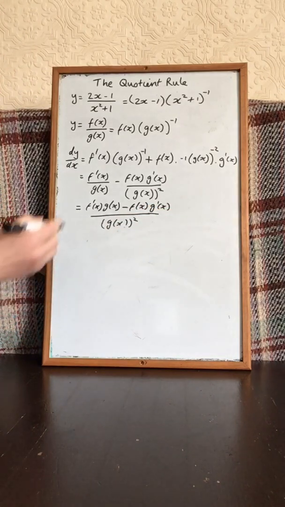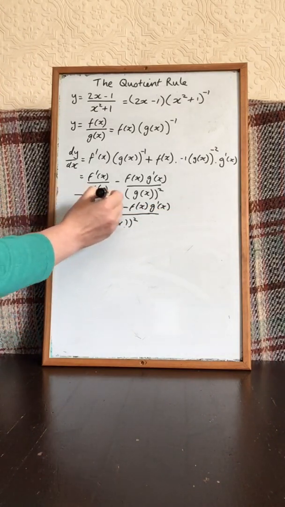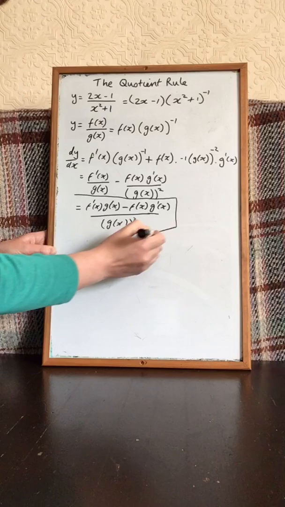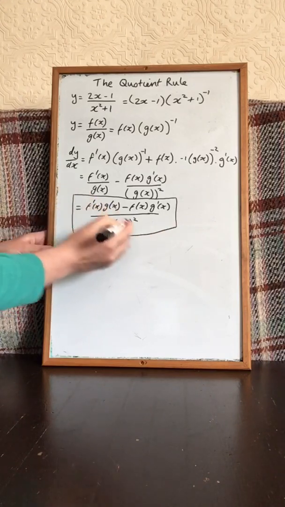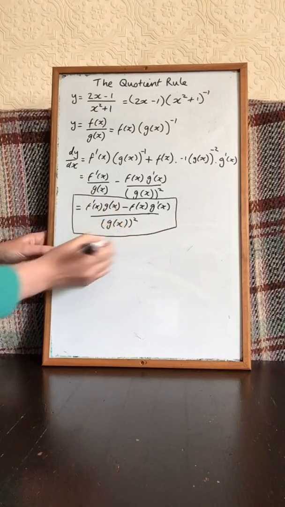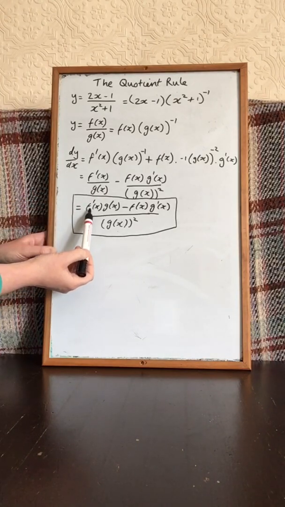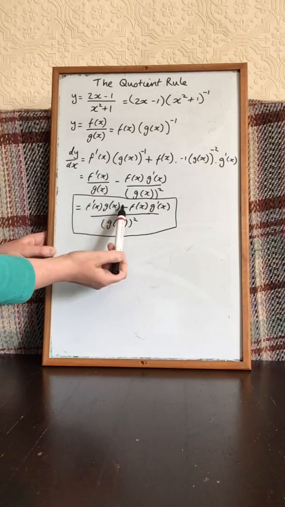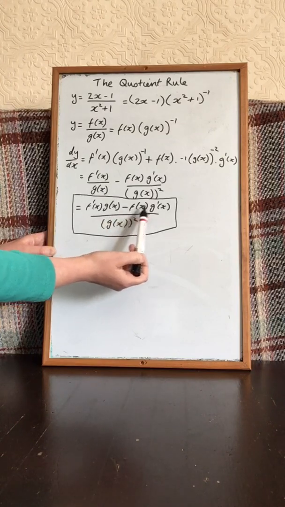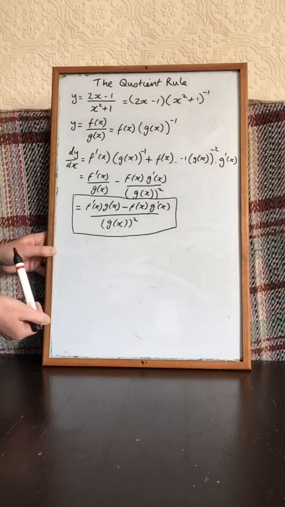And what we've got there is the quotient rule that we're looking for. So dy by dx is equal to f dashed of x times g of x minus f of x times g dashed of x all over g of x all squared.